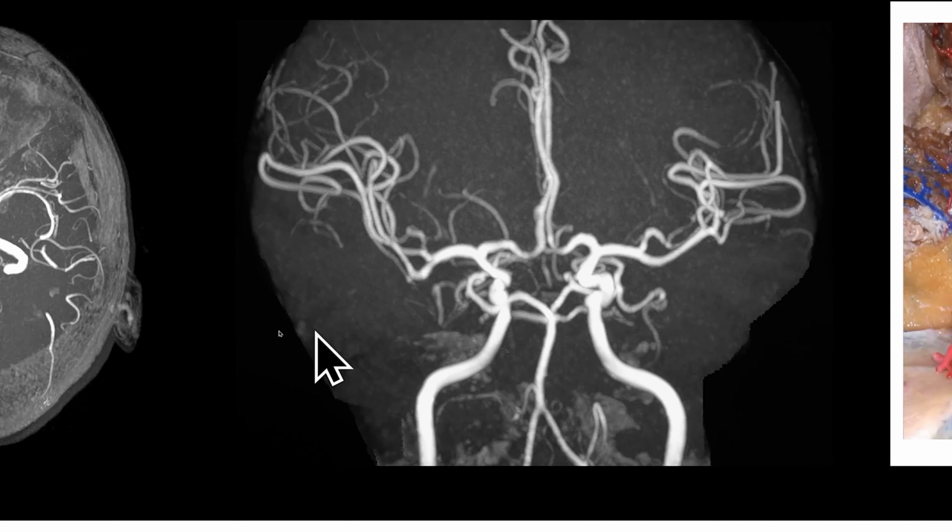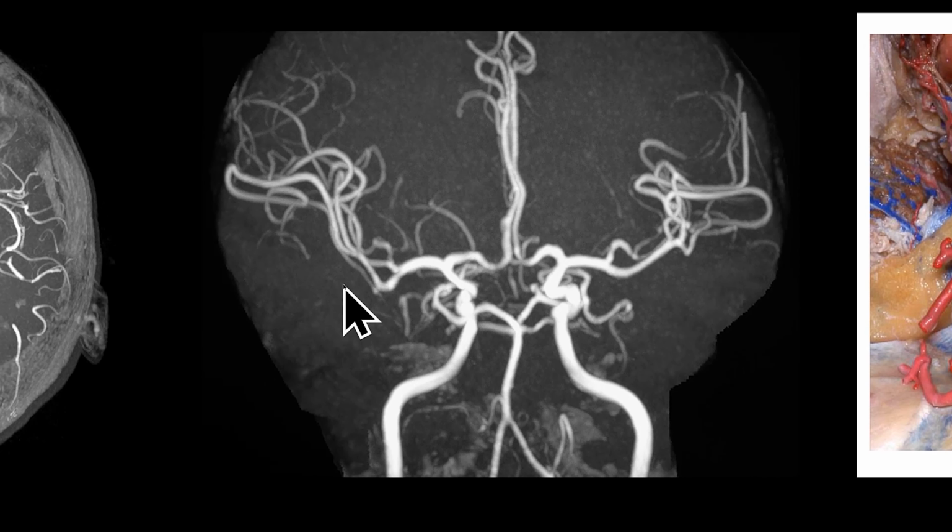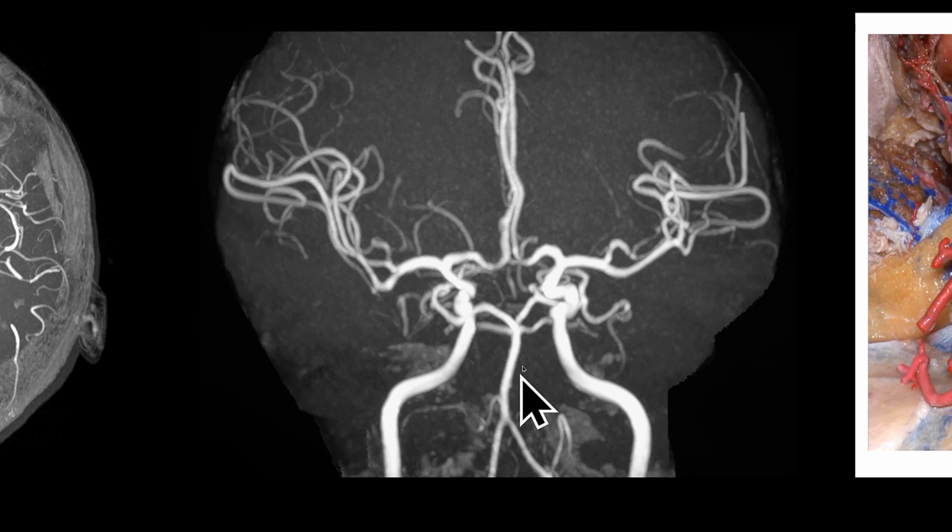Lastly, we've got a little bit bigger one. This is one that was done from the back to the front. You can see here the vertebral arteries forming a basilar artery. This is probably the superior cerebellar artery because the bifurcation is right there. That's the posterior cerebral.